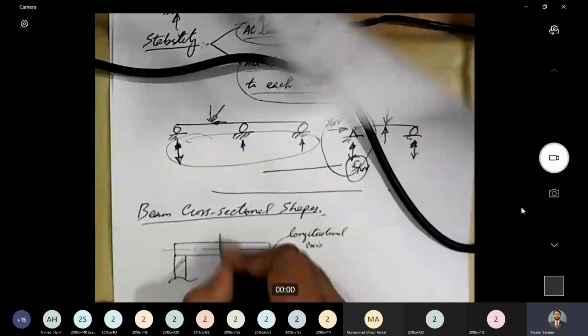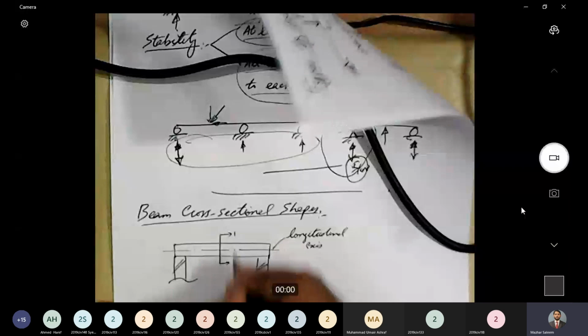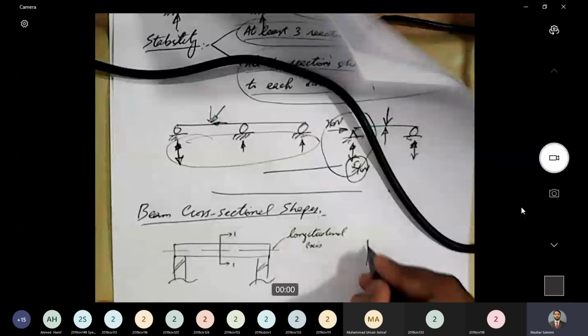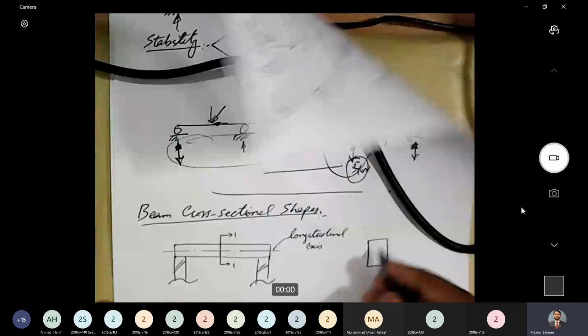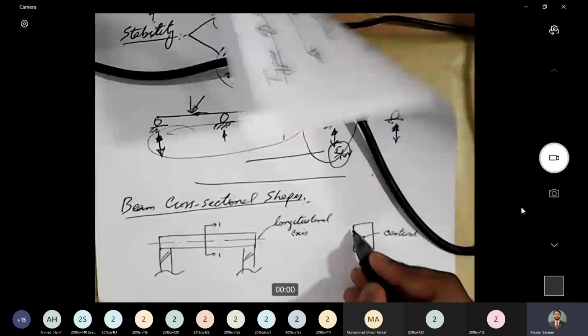And if I cut a section here, let's say section 1, I will see this. The shape of the section is rectangular, and this will be the centroid. I'm just telling you the basic terms, which I hope you already know, just to refresh your memory. This axis is the longitudinal axis that runs along the length of the member and passes through the centroid of the cross section. Okay, this is the longitudinal axis and this is the cross section of the member.